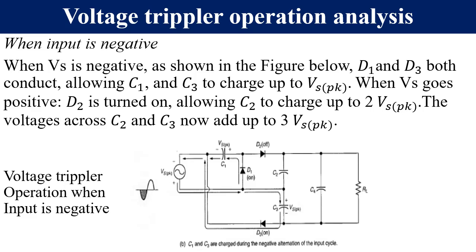So the voltages across C2 and C3 now add to 3 times peak supply voltage. In other words, we have 2 times peak supply voltage plus the peak supply voltage across C3. Hence, we have multiplied the input AC voltage by 3 to get a DC output voltage.